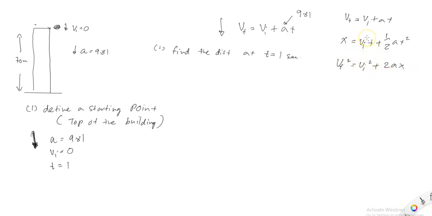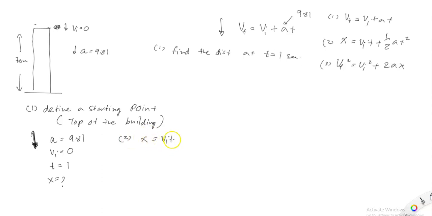Out of these three, this is 1, 2, 3. Since I'm trying to find the distance, my question is, what is x? As I'm trying to find distance, I believe number 2 is going to be the best option. So I'm going to start with number 2.